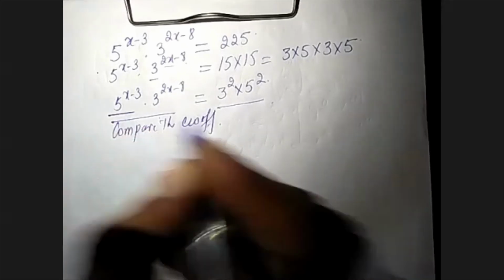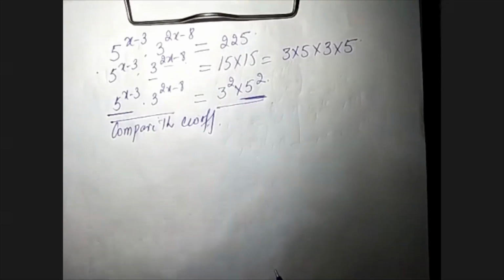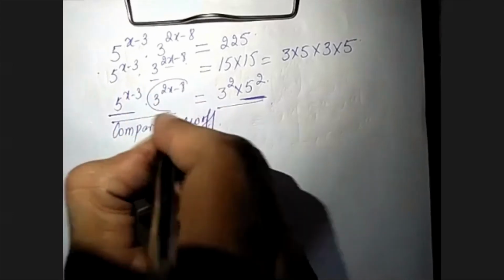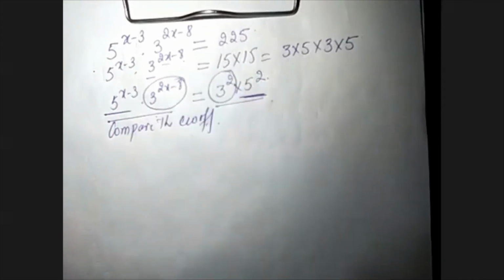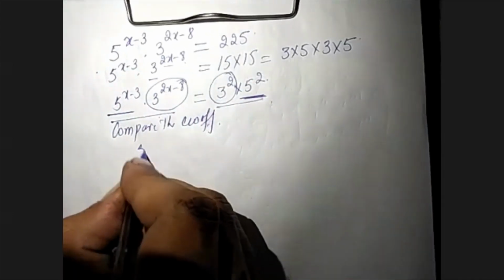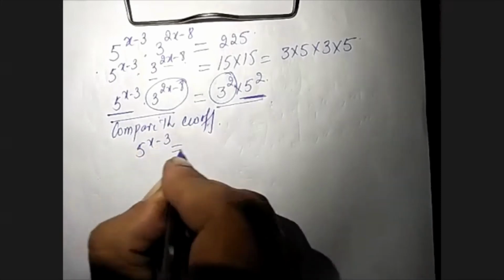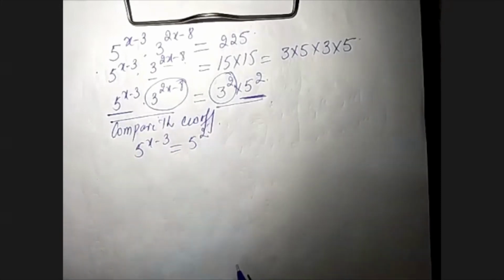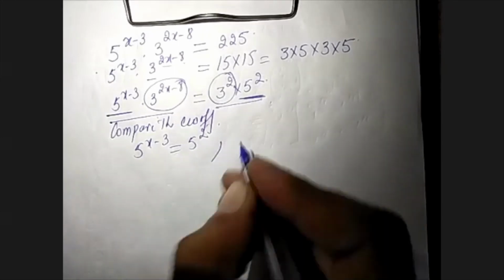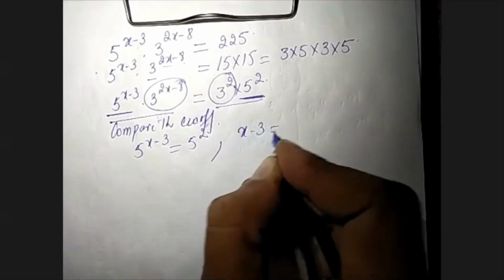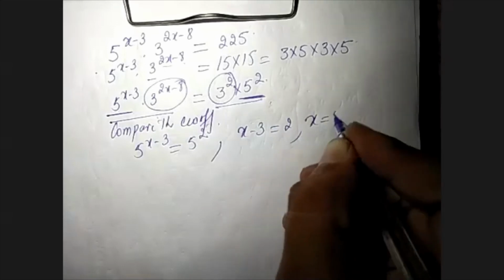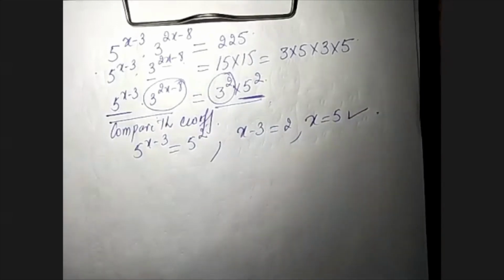So this entire term becomes equal to this term, and this entire term becomes equal to this term. So 5^(x minus 3) is equal to 5^2. So bases are equal, so powers need to be also equal. So x minus 3 is equal to 2. So it gives us the answer x is equal to 5.